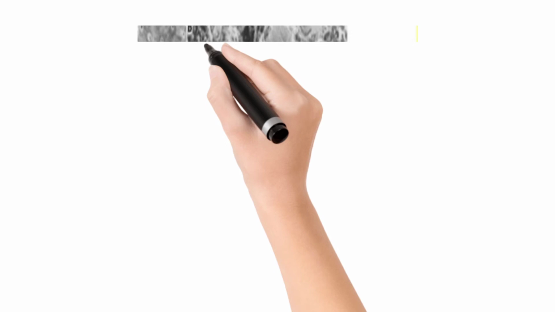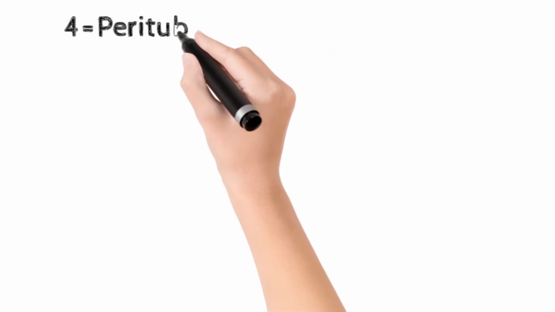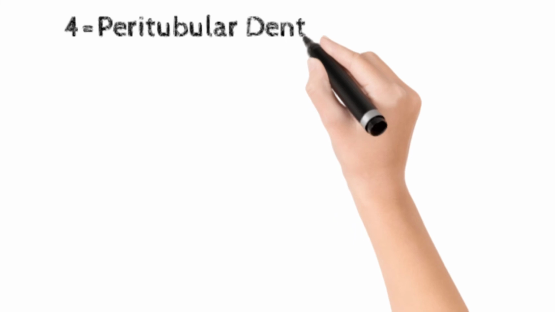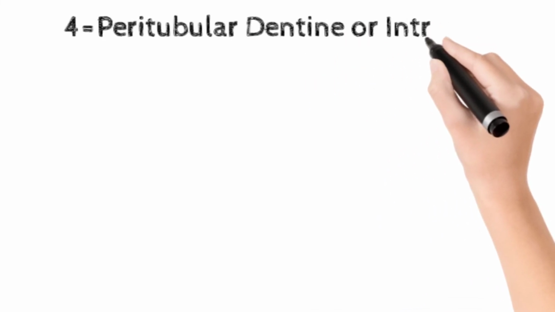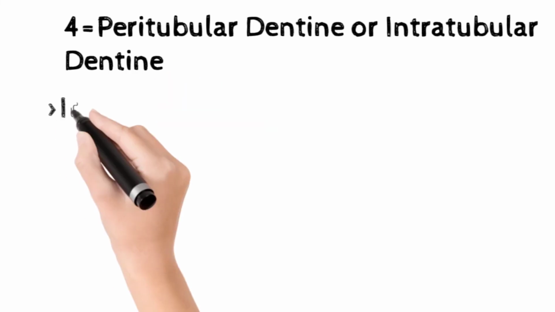And look at another diagram. Here is the best visibility of a dentinal tubule, and the black and white is the odontoblastic process which is present in the dentinal tubule. Now after the dentinal tubule, next is the peritubular dentine or intratubular dentine.